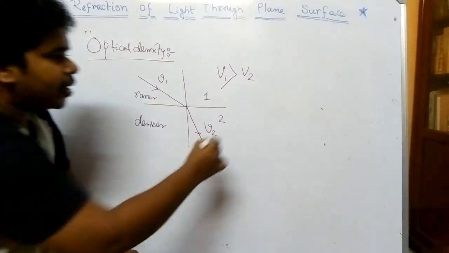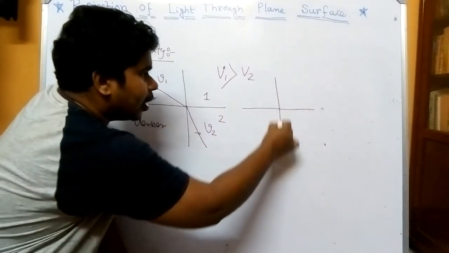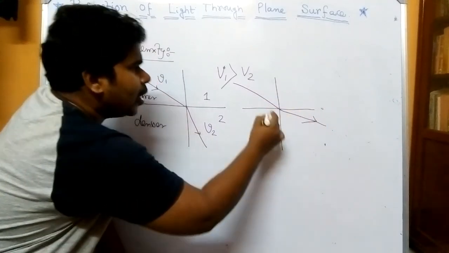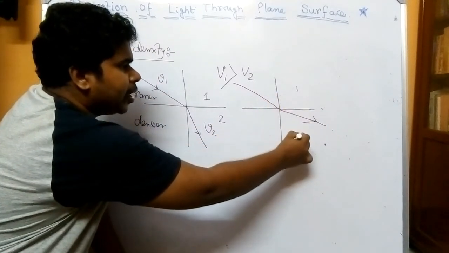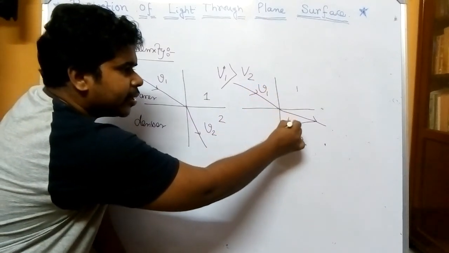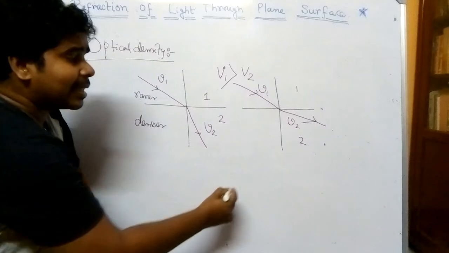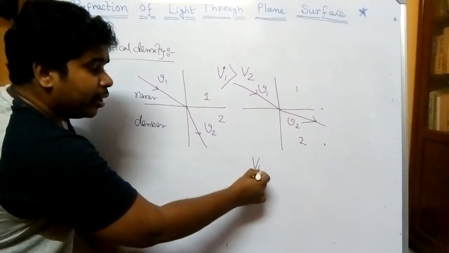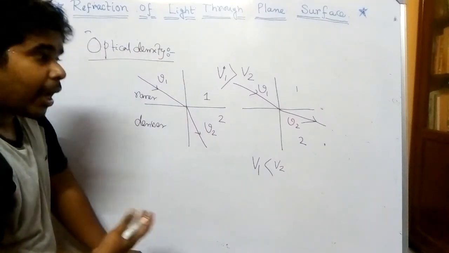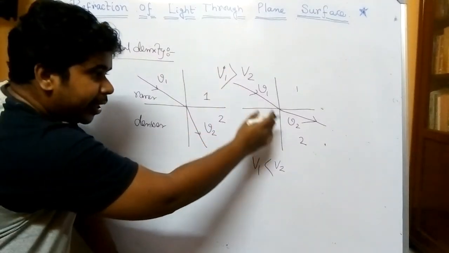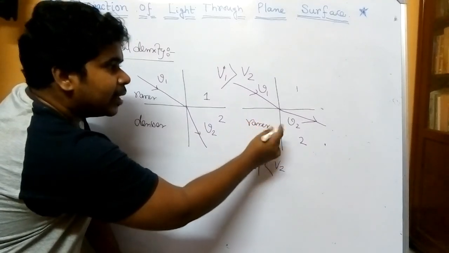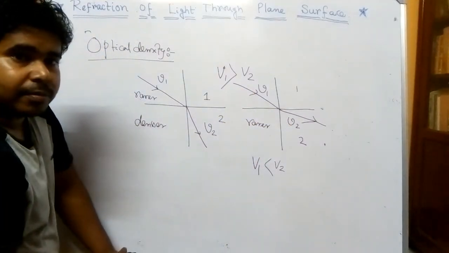If the opposite happens, assume the light ray comes from medium 1 to medium 2, where the speed is v1 in the first and v2 in the second. In this case v1 is less than v2, and by that we can say that medium 2 is optically rarer than the first medium.